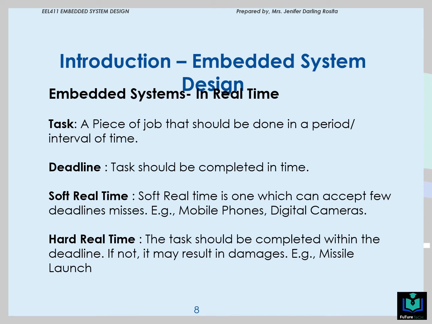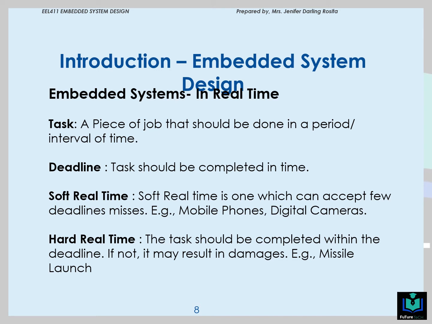The other one is called hard real-time, where the task should be completed within the deadline. If not, what happens? It may result in damage. For example, a missile launch or a spacecraft, or it may be a scanning machine.